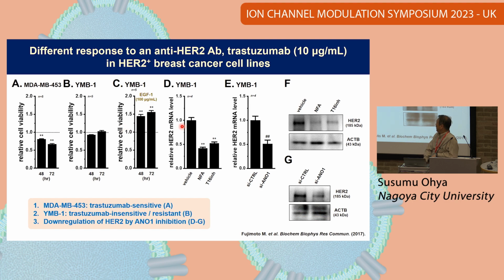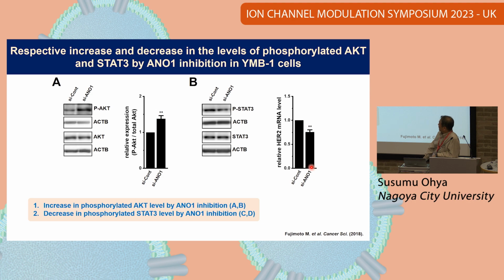In YMB1, pharmacological inhibition of N1 and siRNA mediated inhibition of N1 both induced transcriptional repression of HER2. Similar results were obtained at protein levels. We also checked the downstream signals. N1 inhibition induced an increase in the phosphorylation level of AKT.